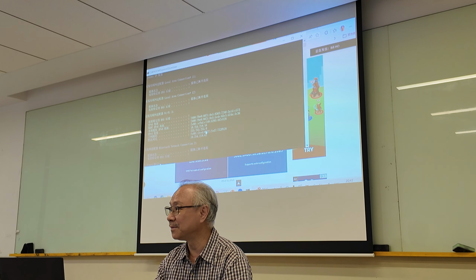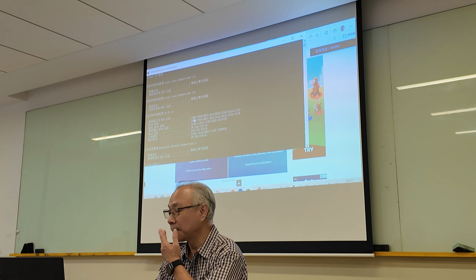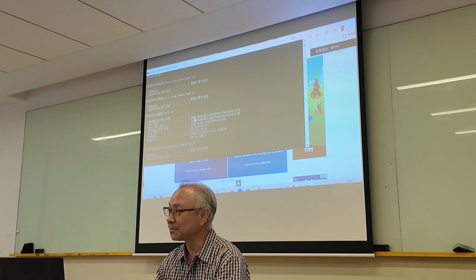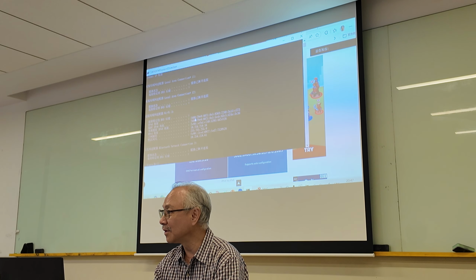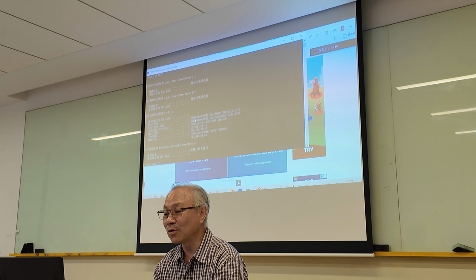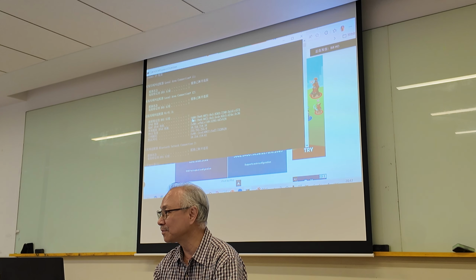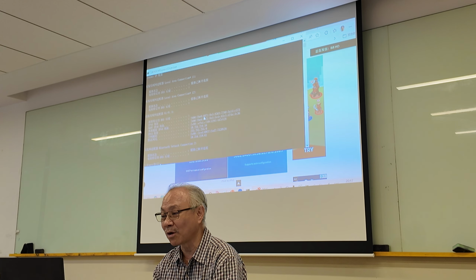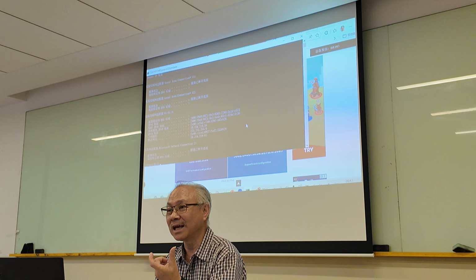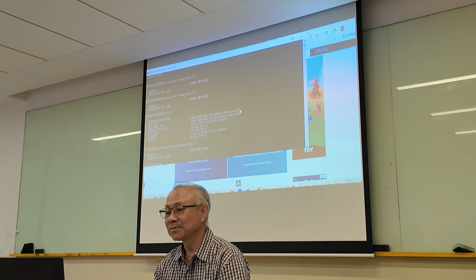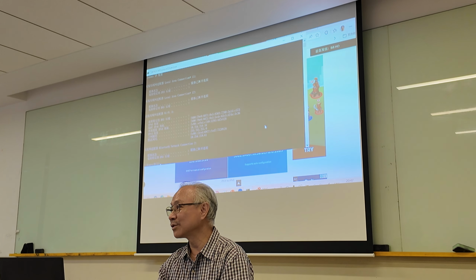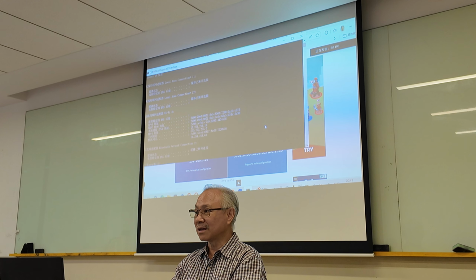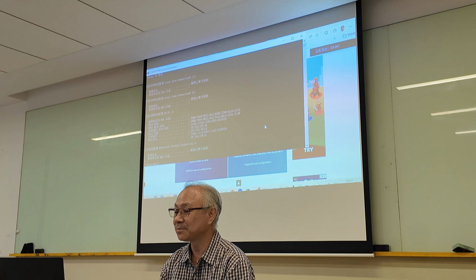One block is 16 bits. One digit is 4 bits, so four digits make 16 bits. So a total of 8 blocks. This is how you write out the 128 bits.